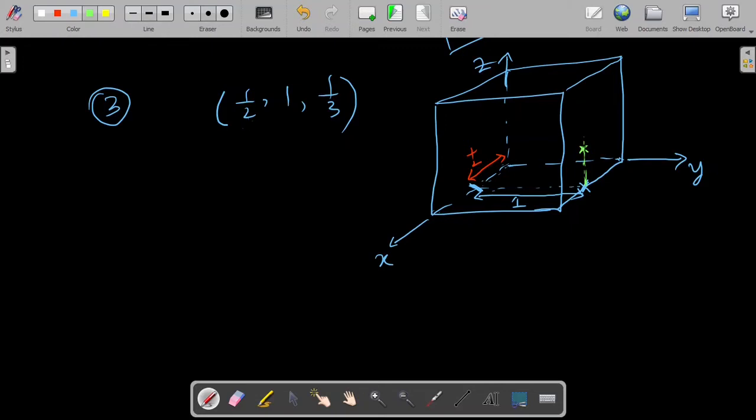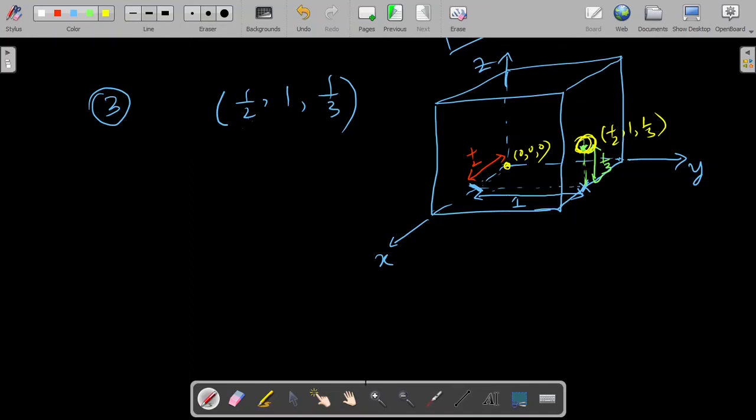Let's say it's here. Right. So that's it. So this is the point. From here to here, we have 1/3. So then you have got your point, which is this one, this being the origin. This is your 0, 0, 0 point. So this is half, 1, 1/3.